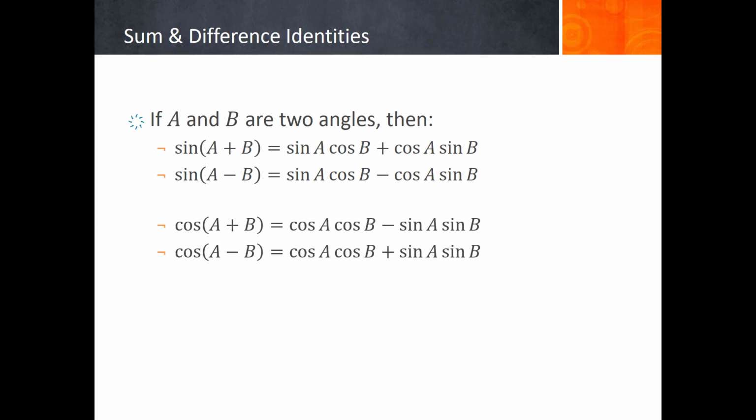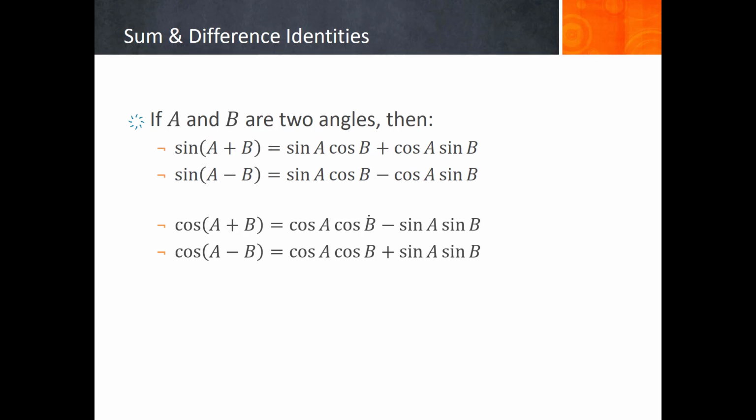So when you have two cosines together, plus or minus two sines together, then you're potentially looking at the sum and difference. And then the other thing here is whether it's plus or minus on the right side is the opposite of whether it's plus or minus over here. So if you have a plus b, you're going to have a minus here. And if you have a minus b, it's going to be a plus here.